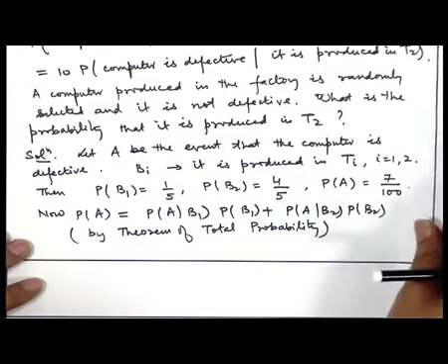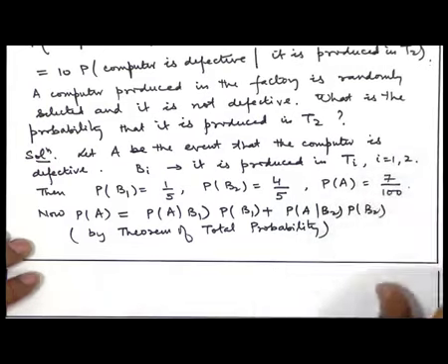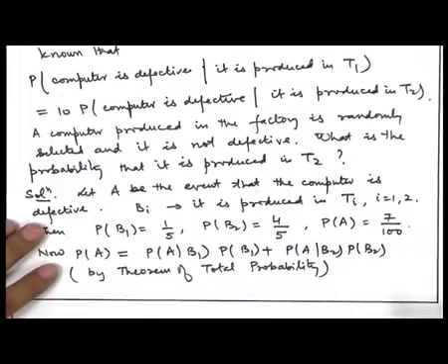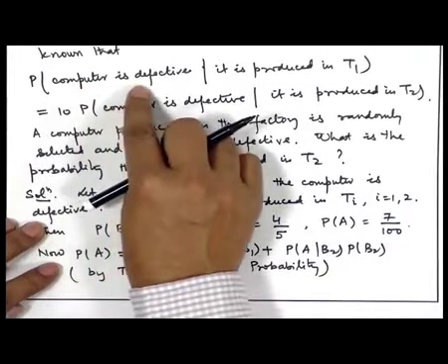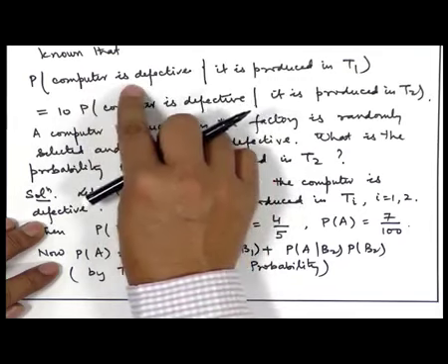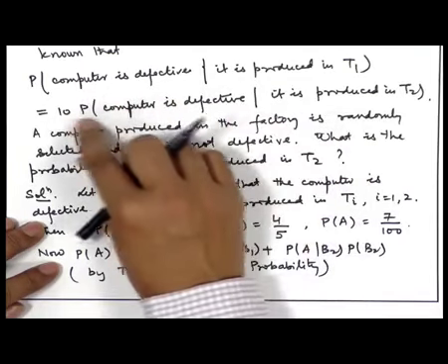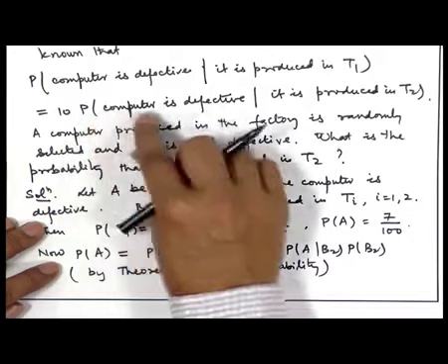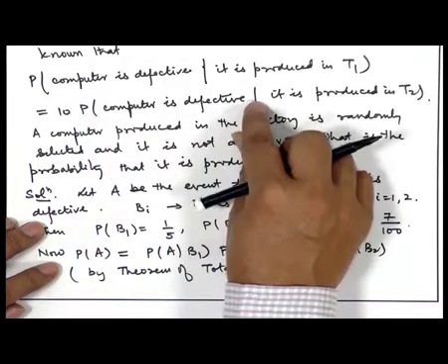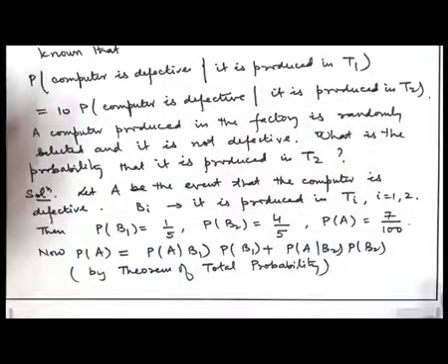Now, you are given this condition: the probability that the computer is defective given B1 is 10 times the probability of A given B2. So, let us make some notation here.